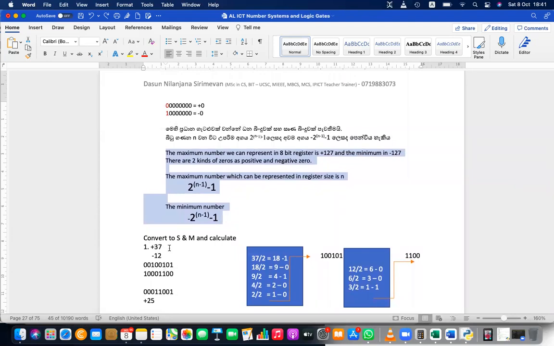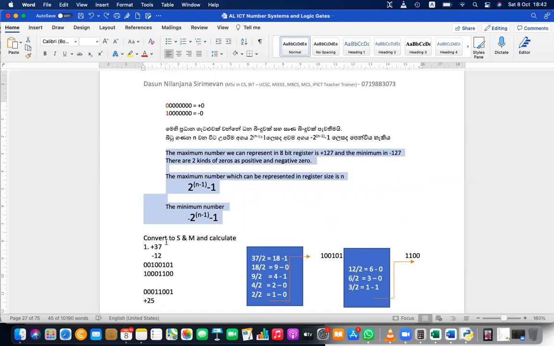Plus 37. As you have written, plus 37 is 32 plus 4 plus 1. 32 plus 4 is 36, plus 1 is 37. Minus 12 is minus 1100.